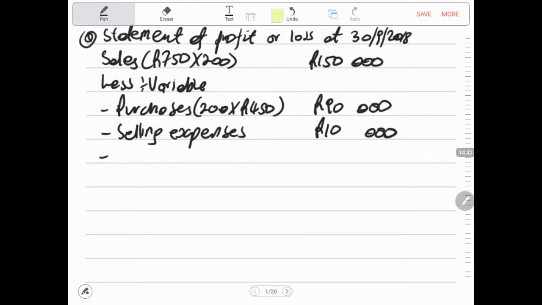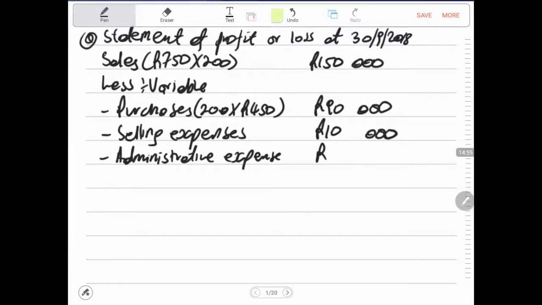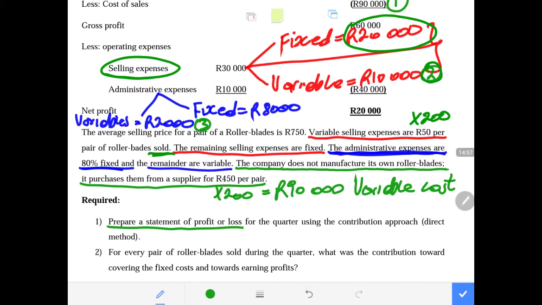Then we minus the administrative expenses. Administrative expenses were set to be 20%, or it was the remaining balance.